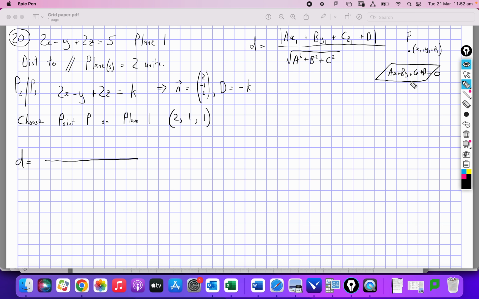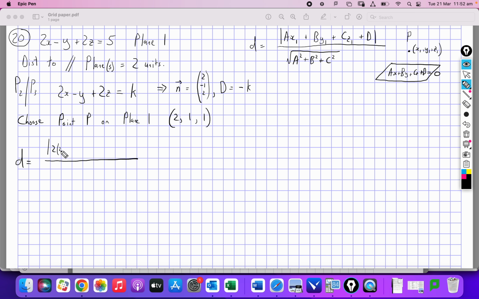Right, so we used the plane equation in that form to get this formula. So you're going to have to put your plane equation into that form, which means the k comes over here and it's now minus k. So I'm going to figure that out. We've got the a value being 2 times the x1 value being 2.